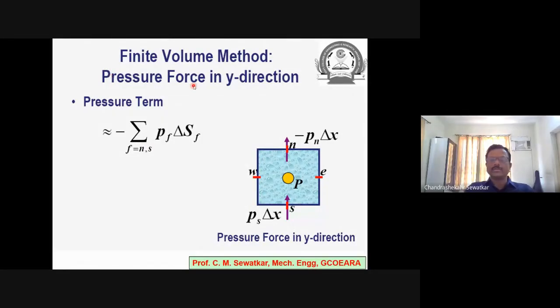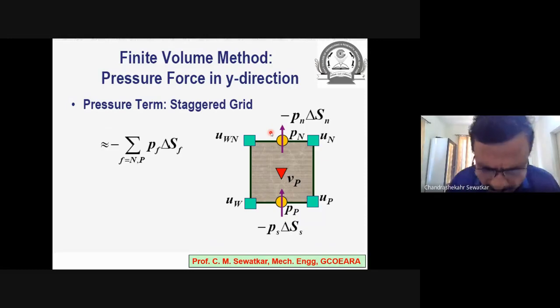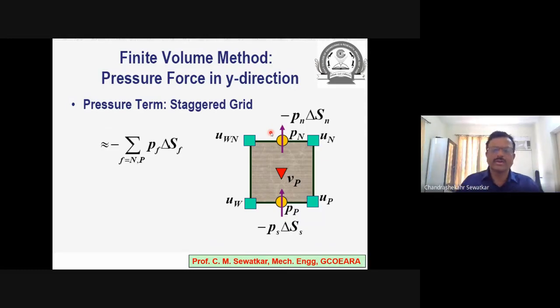So similarly, the pressure force in the y direction can be written as minus summation over north and south faces of PF delta S. So here PS delta X is there and minus PN delta X is there. Now you know why the negative sign is introduced here. The same thing we can write when it is applied to the V control volume, because my pressure force in the Y direction comes in the Y momentum equation, and the Y momentum equation we are going to apply to the V control volume.